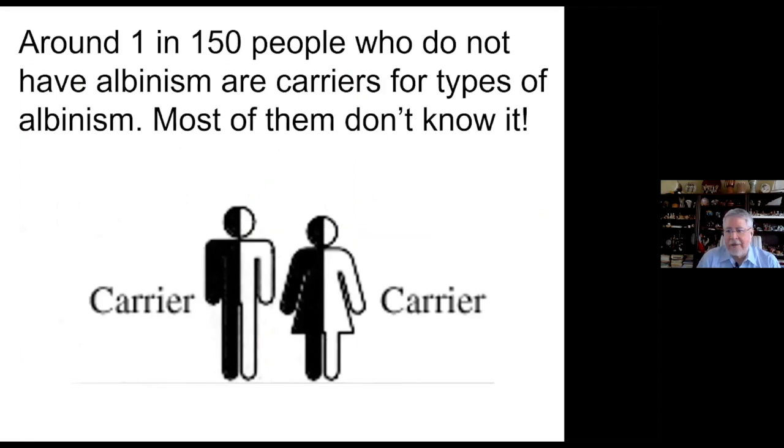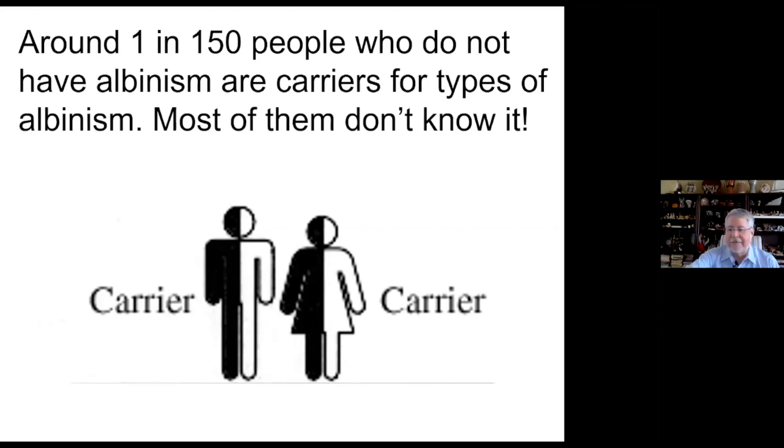So carriers for albinism are not that uncommon. As I said, there are many different types of albinism, but if we add them all together, we find that about one person out of 150 random people who do not have albinism are carriers for one of those types of albinism. And most of them don't know that.